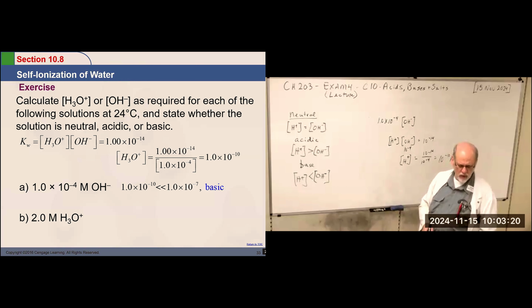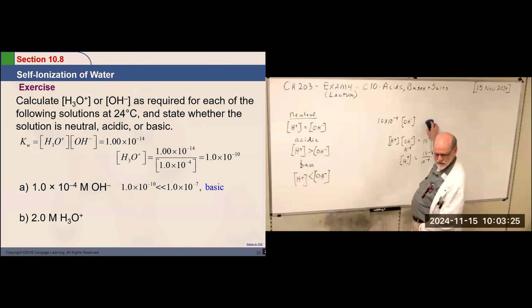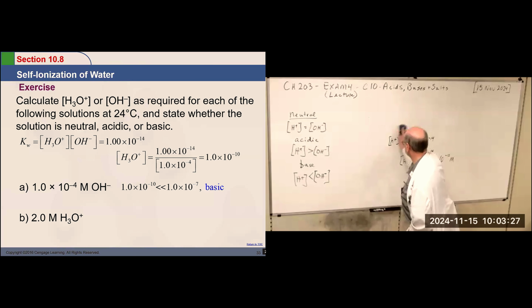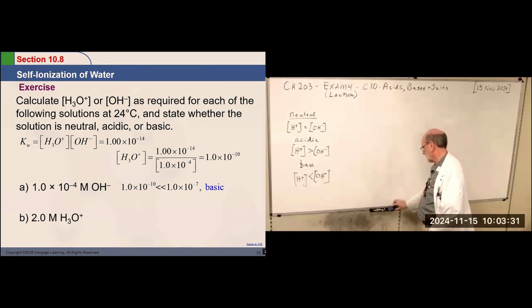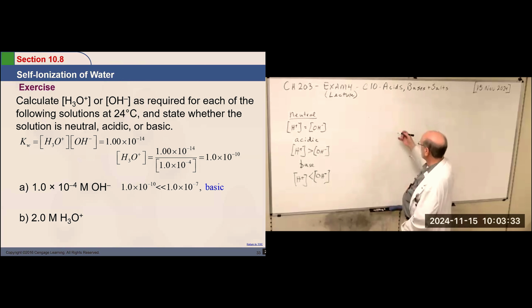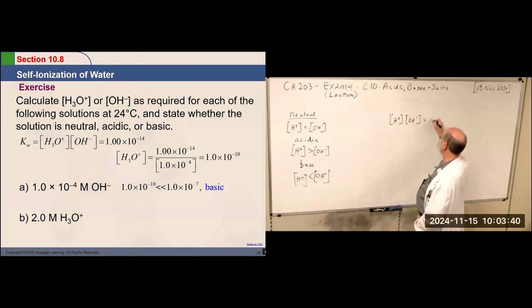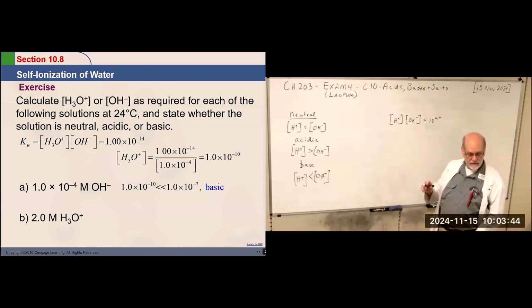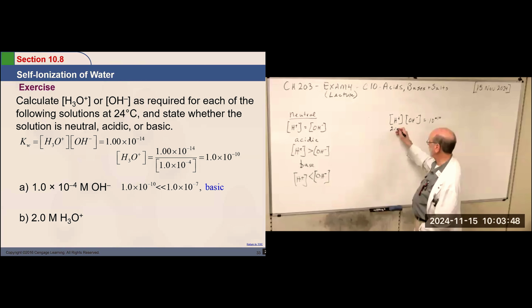How about 2 molar hydronium ion or hydrogen ions? Either one. Oops, I shouldn't have erased that because I'm going to need it again. So if again, we have this expression, 10 to the minus 14, and we have 2 molar here, right?